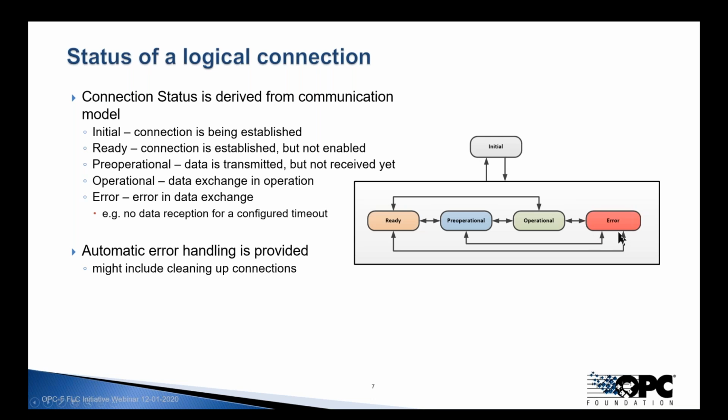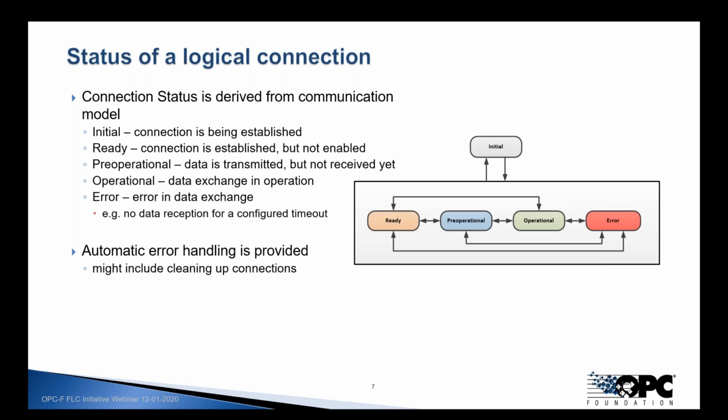It takes care if the timer expired and we stayed too long in error. Let's say we set that to 10 seconds or so, then the connection will be cleaned up. But we could also set it to infinite, which means the connection stays around even if it is in error.